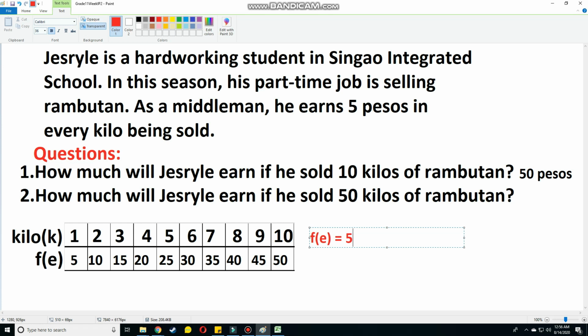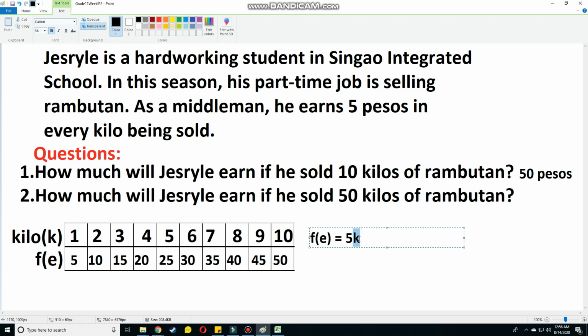And then we would have 5K. Why 5K? K here refers to the kilo, the number of kilos being sold. Okay?